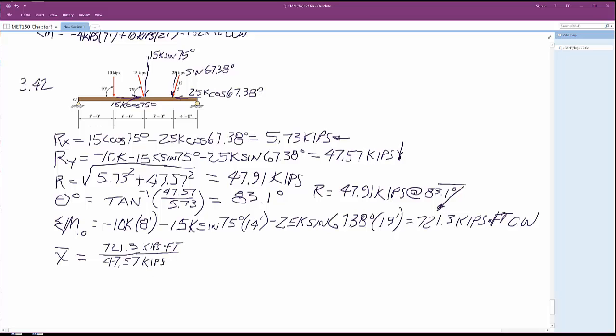Kips cancel out and we're left with feet. 721.3 divided by 47.57 is 15.16 feet from point O.